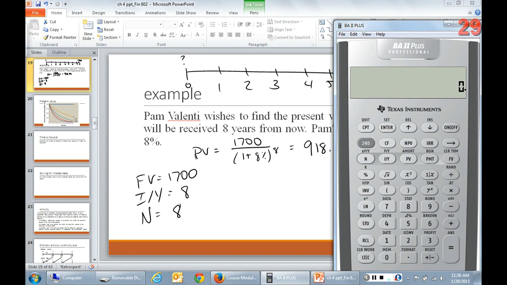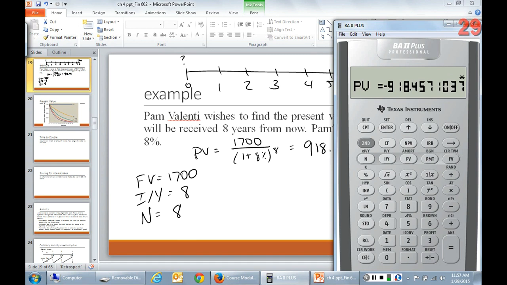So we know the future value. The future value is 1,700. Type in 1,700 and future value. We type in the interest rate, 8%, so 8 and IY. And the number of periods is also 8, so 8 and N. And we need to know what the present value is, so we compute the present value.